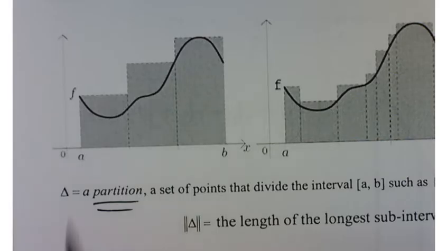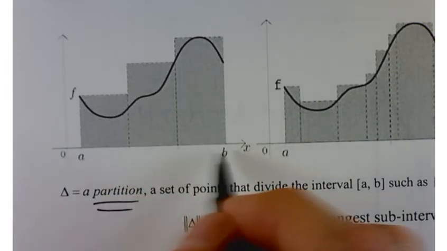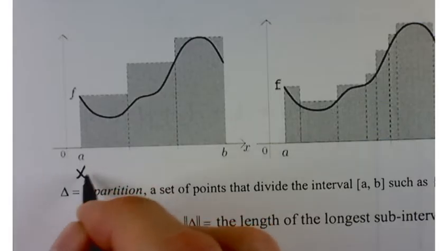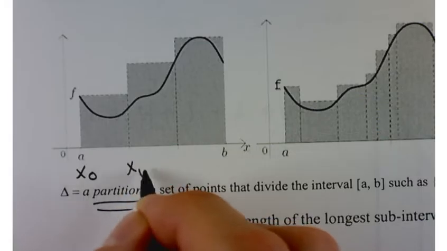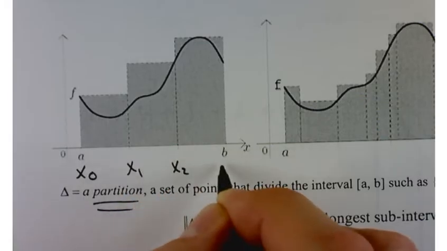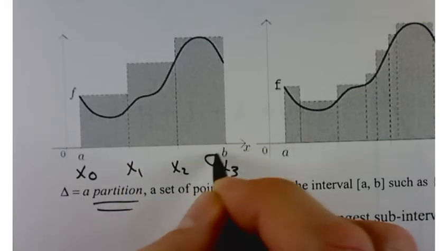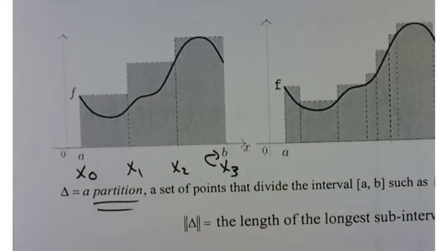Now the endpoint A is going to be x sub 0, and then this next little cut point is x sub 1, and then x sub 2. X sub 3 in this case is the same thing as B. And you can have more and more points, and that's eventually what we're going to do: keep on adding more and more intervals.